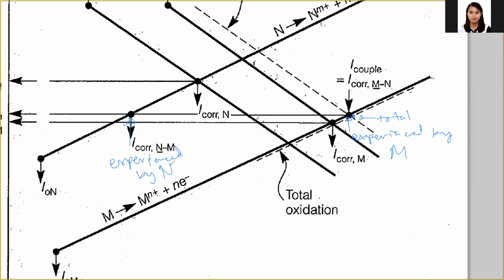So parang sir yung dash line is just to calculate pero hindi siya yung total siya. So yung dash line natin, ang mas important na makuha natin dyan is actually yung corrosion potential.